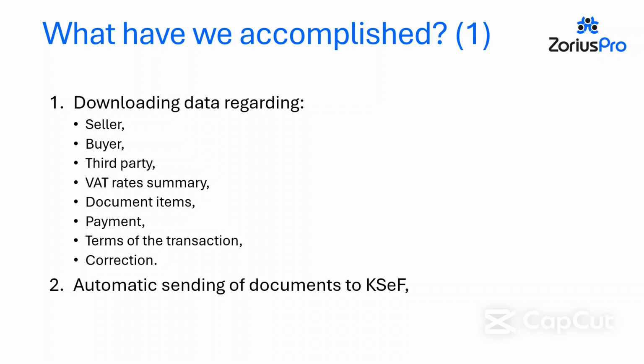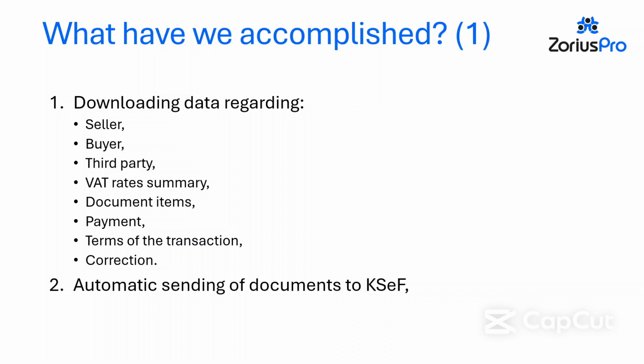For document items, data such as name, CN code, PKView code, unit of measure, quantity, net price, net value, gross value, tax rate, currency exchange rate, VAT value, and additional data such as a foreign code.